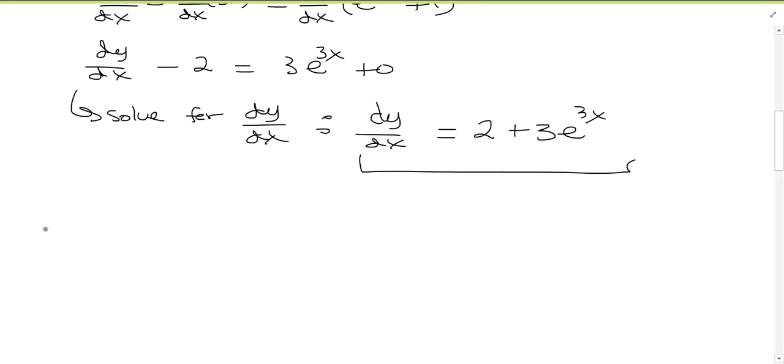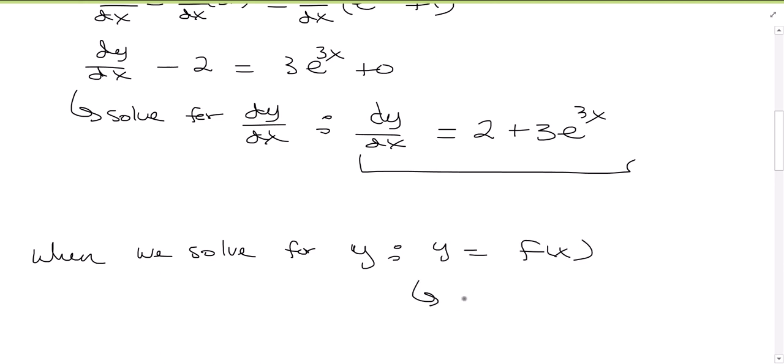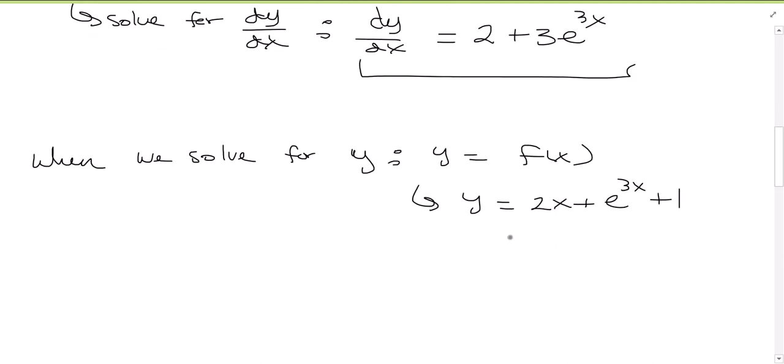When we solve for y, and just to be able to say y equals f of x, right? So in our example, we had y equals 2x plus e to the 3x plus 1. Then we say y is explicitly a function of x.